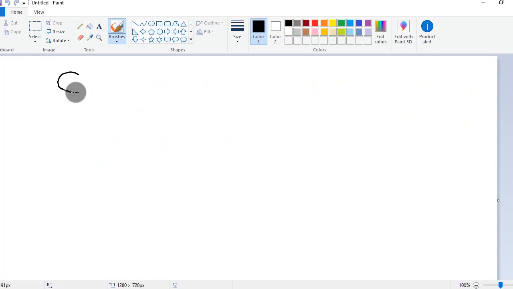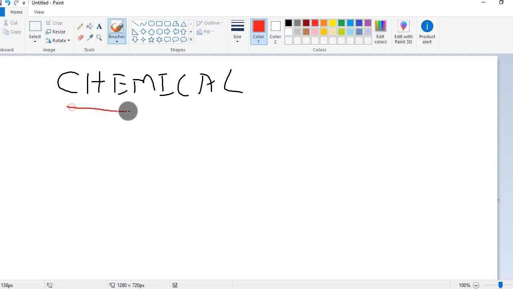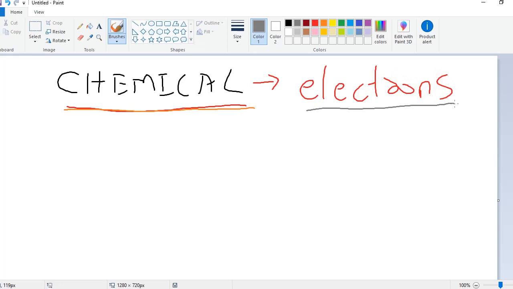To understand the difference in the magnetic environment, let us first understand the meaning of the word chemical. When we say chemical, it is always associated with electrons. So far we have seen that the nucleus is responsible for nuclear magnetic resonance spectroscopy, but along with the nucleus, it is also the electrons associated with that nucleus which play a critical role.